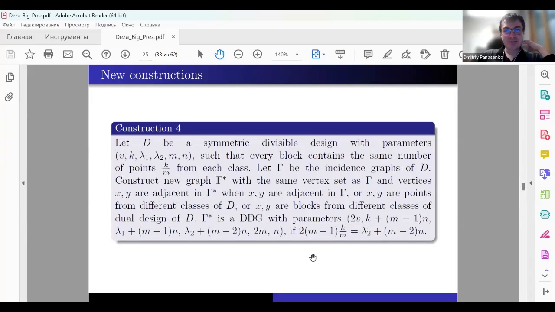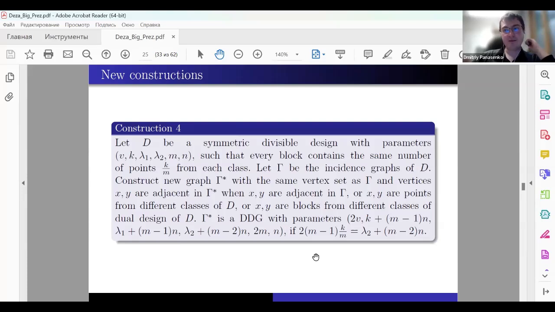Another construction with quite the same idea. So now we consider a symmetric divisible design, and every block contains the same number of points, k divided by m, from each class. Then let gamma be the incidence graph of this divisible design. Then we construct a new graph, I denote it by gamma star, with the same vertex set as gamma.